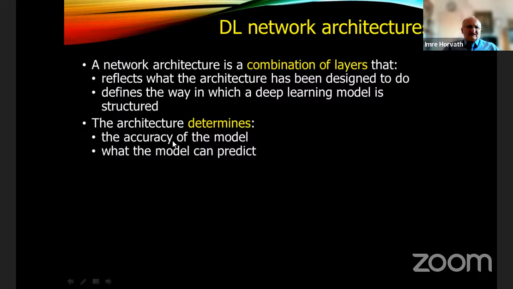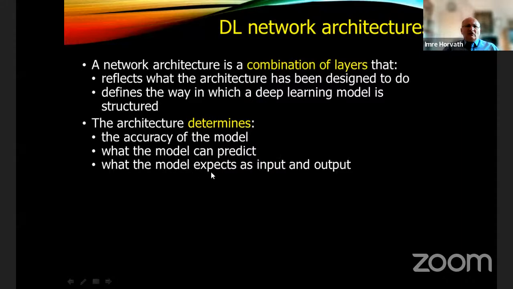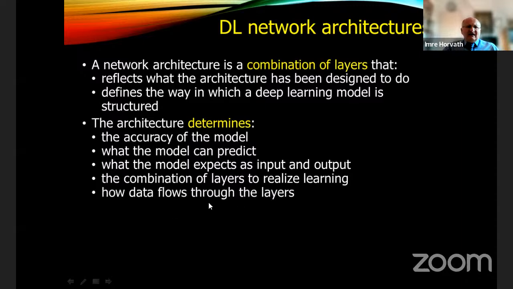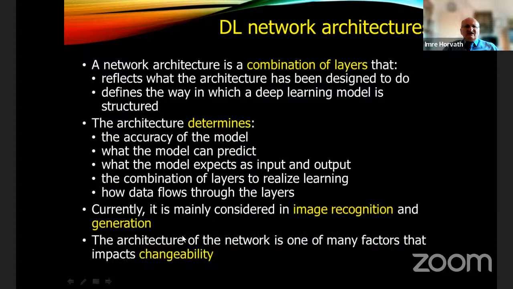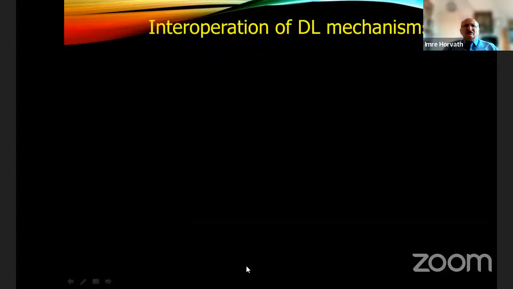Architecture determines the accuracy of the model, what the model can predict, what the model expects as input and output, the combination of the layers to realize learning, and how data flows through the layers. I mentioned that currently it is mainly considered in image recognition and image generation. And the architecture of the network is one of the many factors that impact changeability.